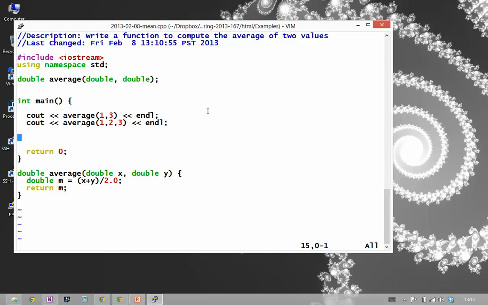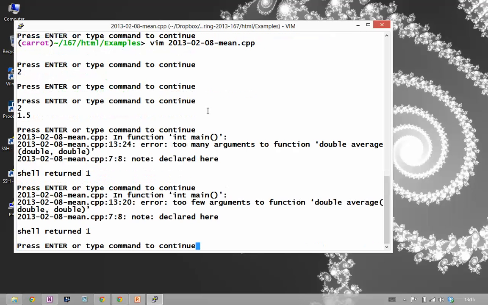It similarly will work with too few arguments. Oops. And it's even smart enough to tell you that there were too many or too few. It's rare when the error messages are actually helpful, but in this case they are.